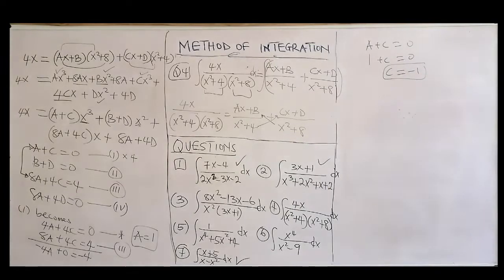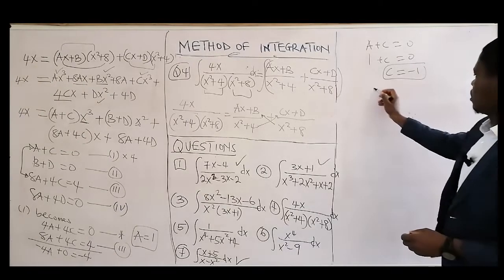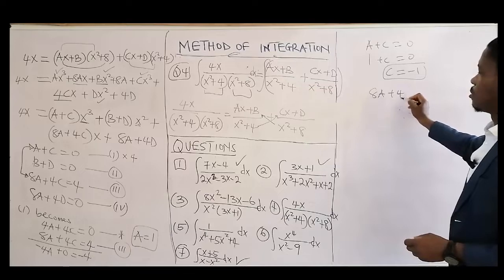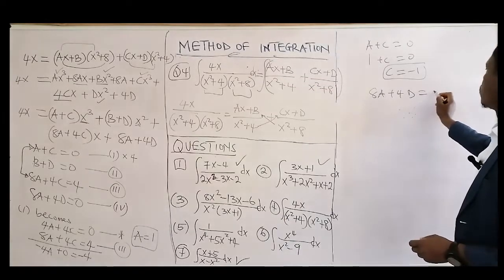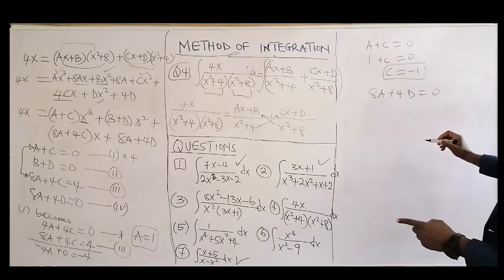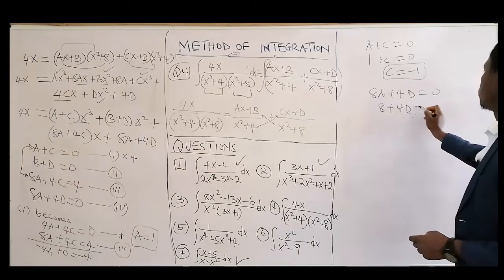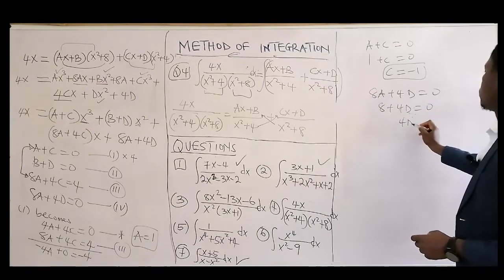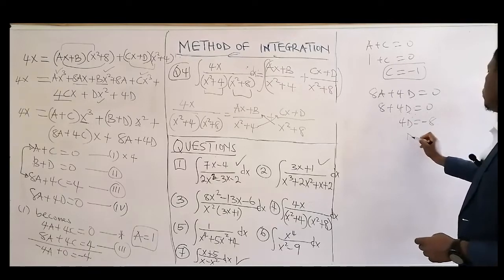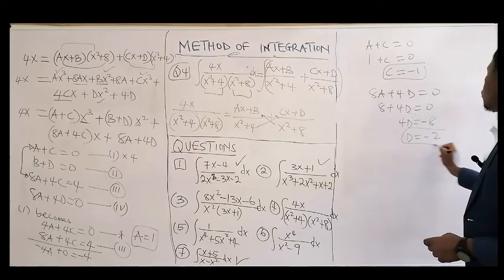So we've gotten a, we've gotten c. Let's go to equation 4: 8a plus 4d equal to 0. A is 1, that will be 8 plus 4d equal to 0. 4d equal to minus 8. D is what? Minus 2.